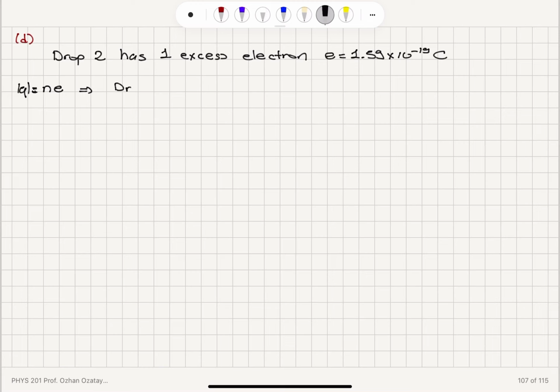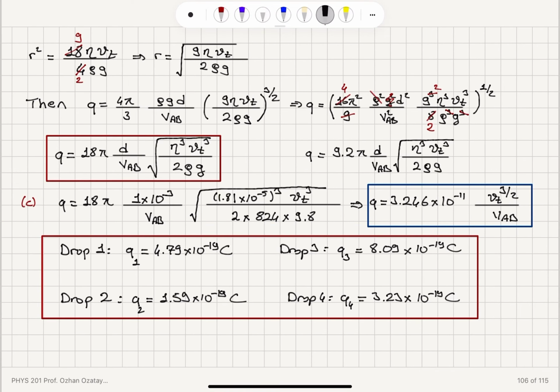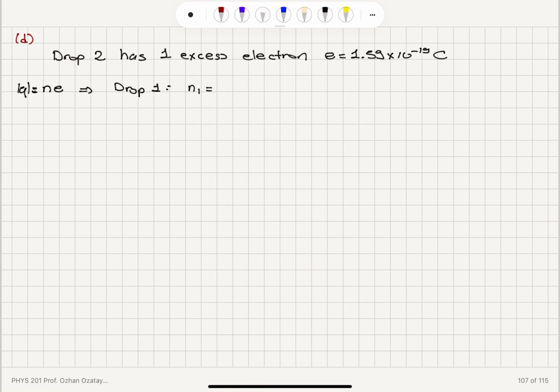So drop 1 will have N1. The charge that we have calculated is 4.79 × 10^-19 coulombs. So 4.79 divided by 1.59. If I round it to the closest integer, this is going to be 3. For drop 2, the number is 1. That's what we're assuming.